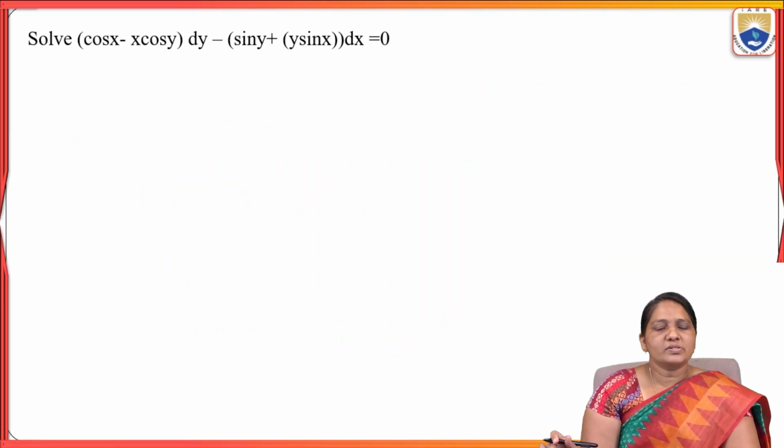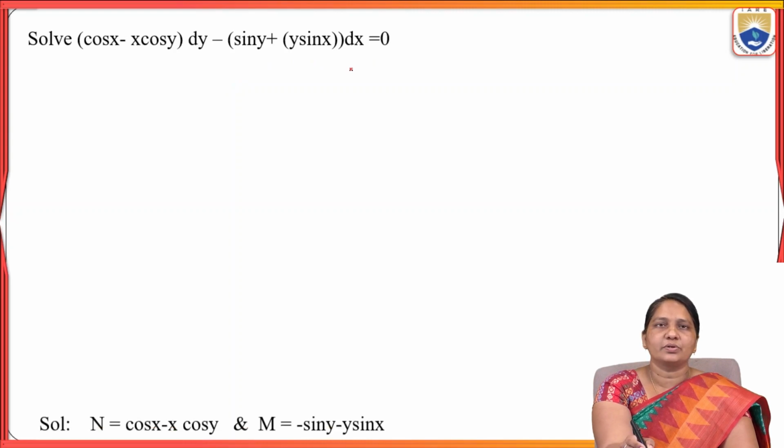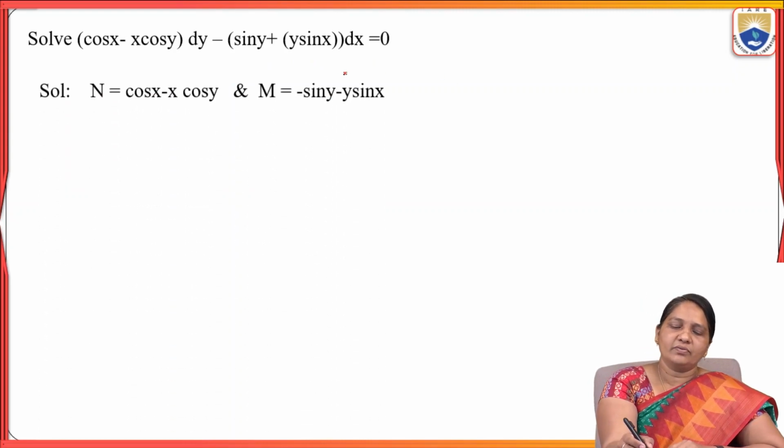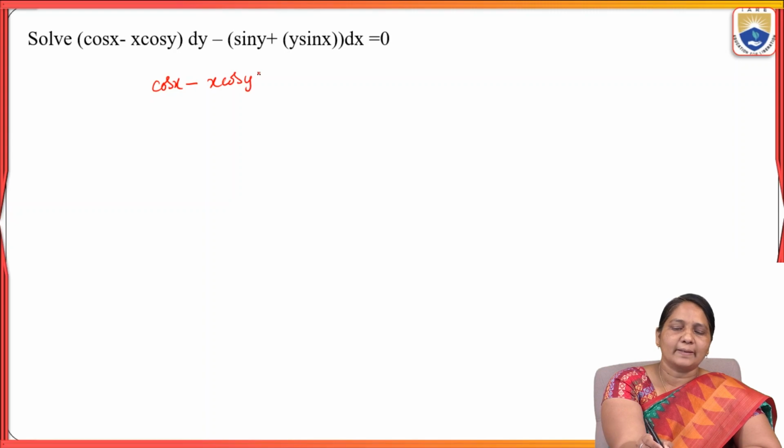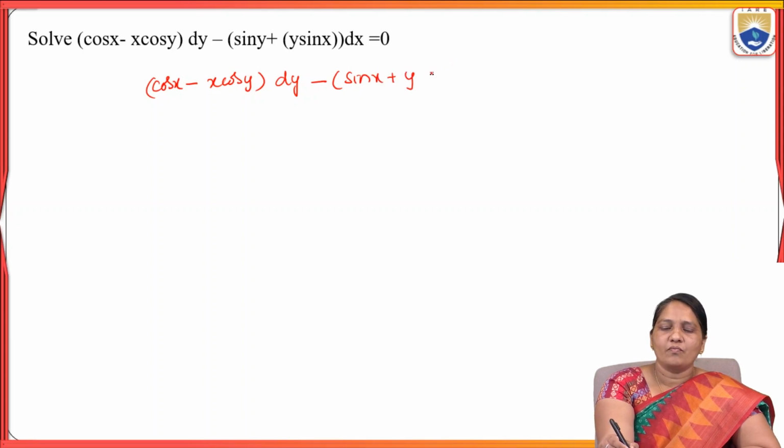Solve cos x minus x cos y into dy minus sin y plus y sin x dx equal to 0. Here the given equation is cos x minus x cos y into dy minus sin y plus y sin x into dx equal to 0.